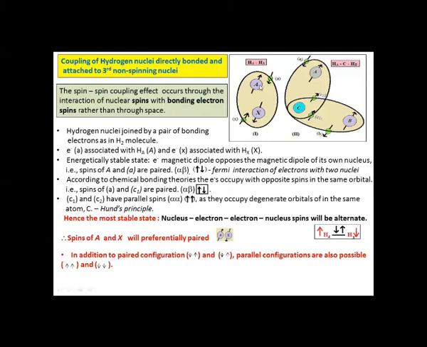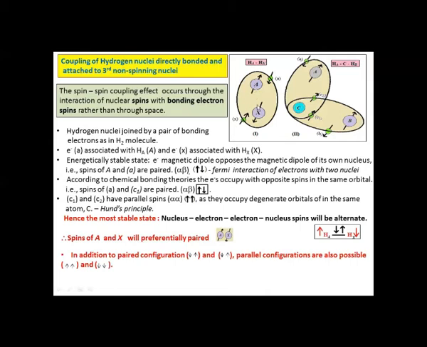So this is how the spin of a proton and the spin of electron A are paired. They are of opposite spins. Such an interaction is said to be the Fermi interaction of the electrons with the two nuclei. Then, according to chemical bond theories, the electrons occupy the same orbital with opposite spins.